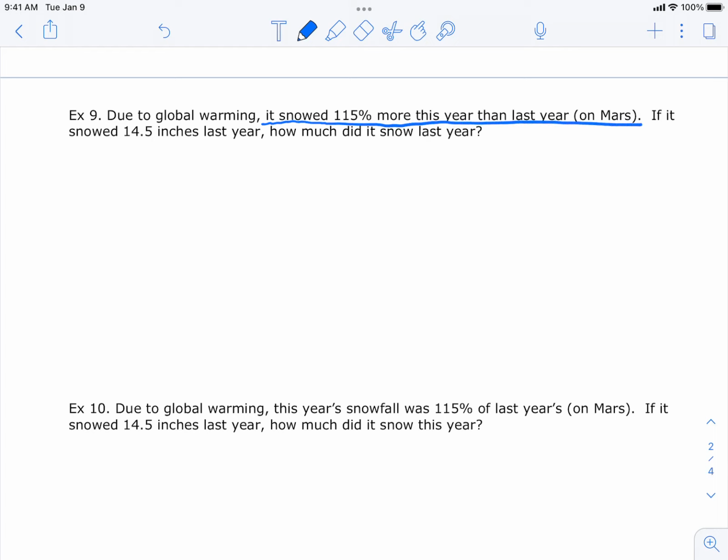Now, they give us some numbers to play with, but before we play with the numbers, let's make sure we've got the phrasing right. We had what snowed last year. Maybe I'll put last year's snowfall. And then it snowed more this year, so we're going to add some to get to this year's total snowfall.